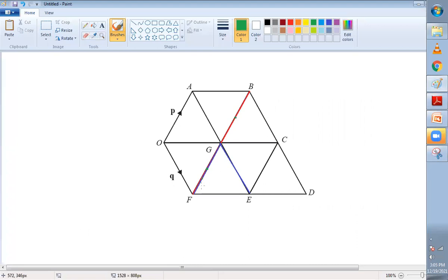So here I made 4 parts: 1, 2, 3, and 4. So the X is here. This is 3 and this is 1. FX is 3 parts and XB is 1 part. Total 4 parts. Hopefully you understand.